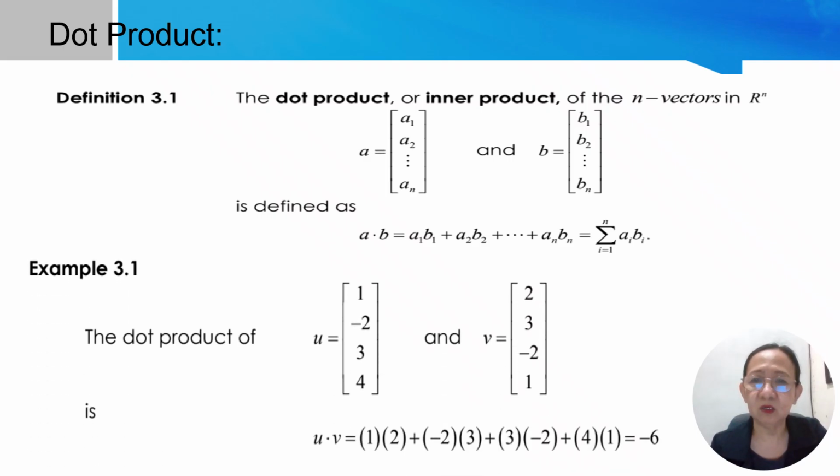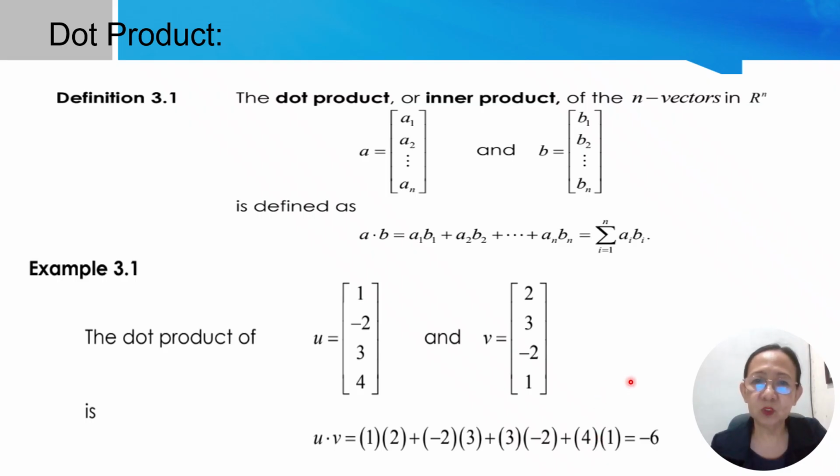The dot product of vector U, with 1, -2, 3, and 4 as the entries, and vector V, with the entries 2, 3, -2, 1. To get the product UV, we multiply each of the entries: 1 times 2 plus -2 times 3 plus 3 times -2 plus 4 times 1.